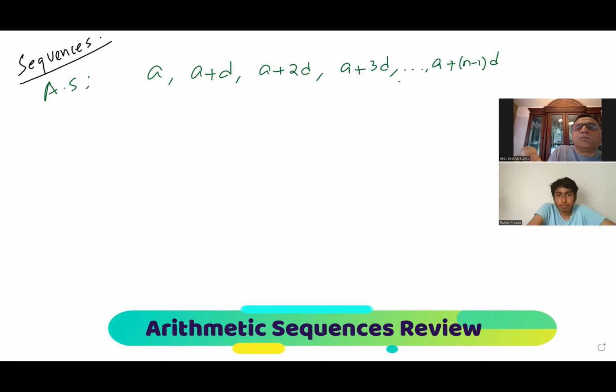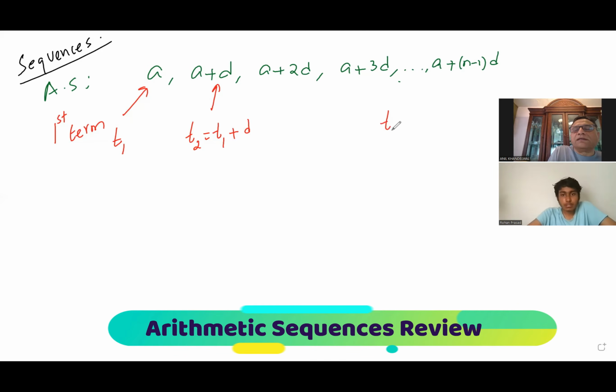So we have a common difference of D. A is the first term, also written as T1. And then D is the common difference. So T2 is actually equal to T1 plus D. Is that okay?